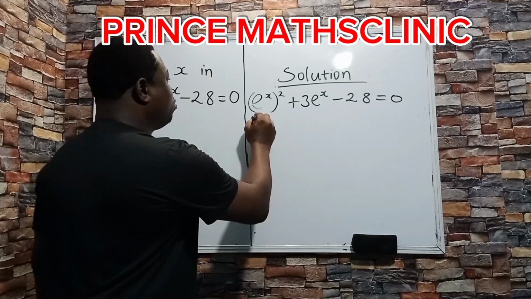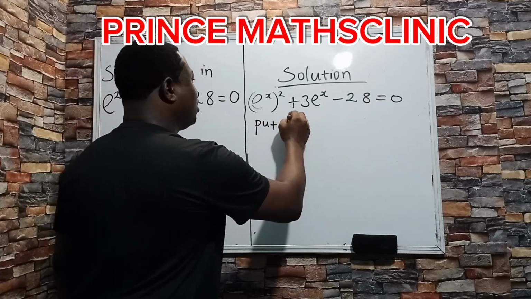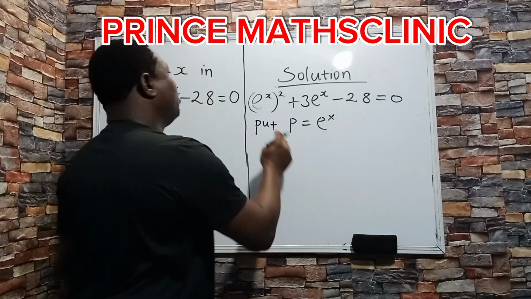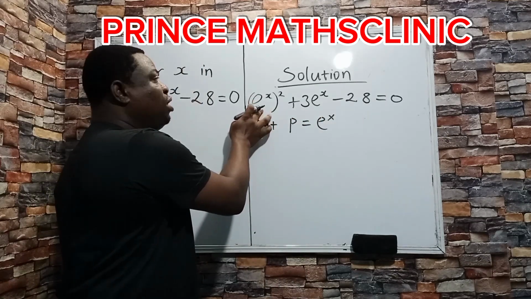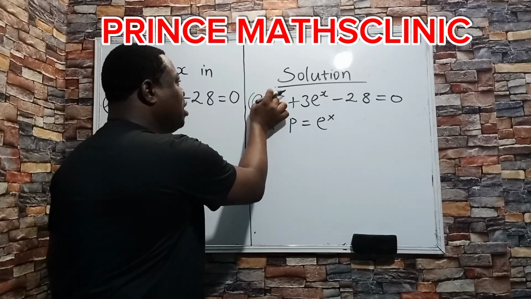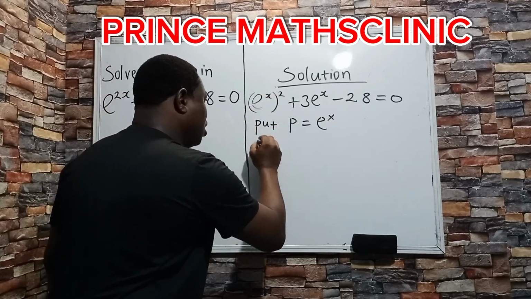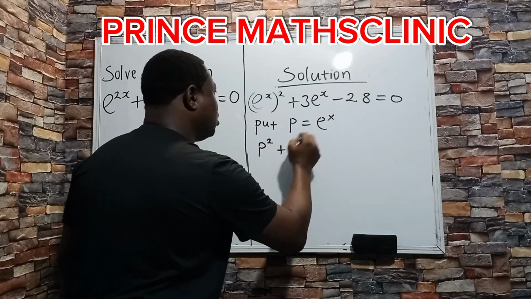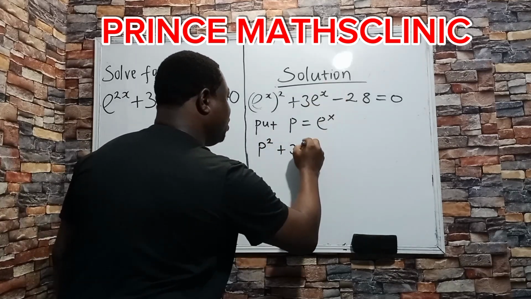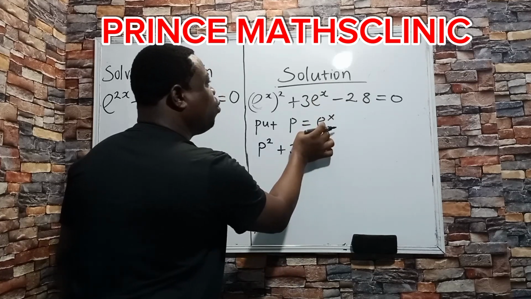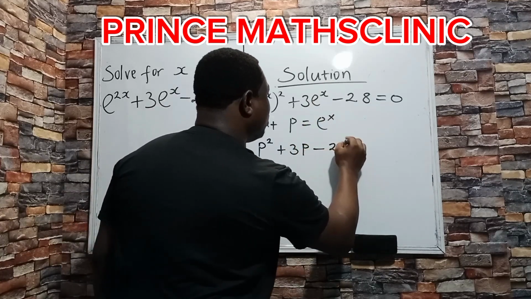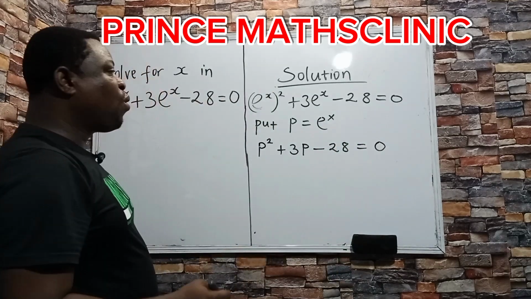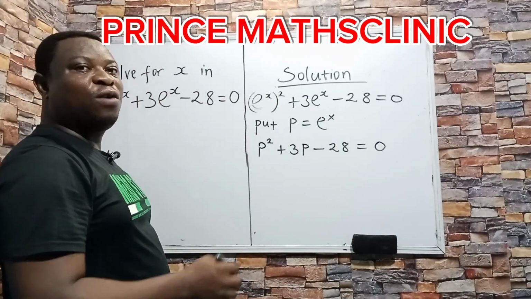Now I am going to let p be equal to e to the power of x. So this is p squared plus 3p minus 28 equals 0. So we have a quadratic equation in terms of p.